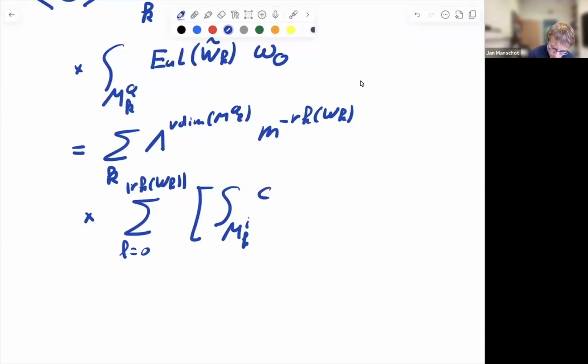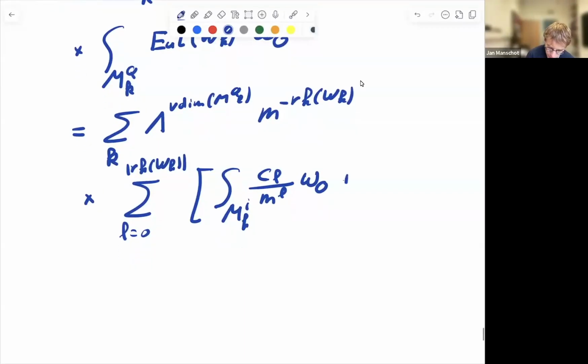We get equivariant Chern classes times omega 0, plus an integral over the monopole component times equivariant Chern classes over this component, m to the L omega O.